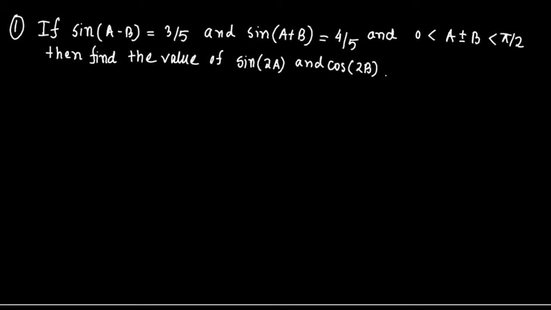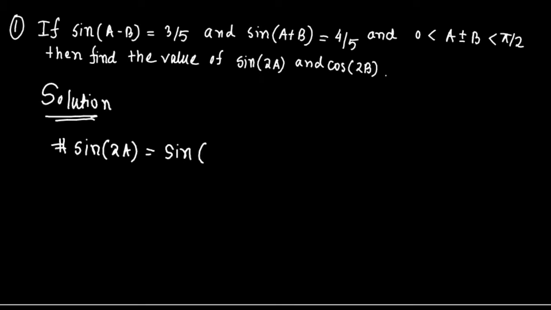Now here what we will do, this sine 2a can be written in terms of a plus b and a minus b as sine of a plus b plus sine of a minus b. You can see here b is getting cancelled, so sine 2a.